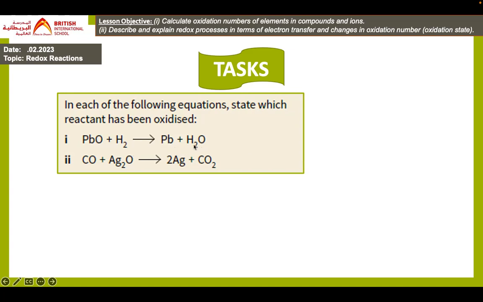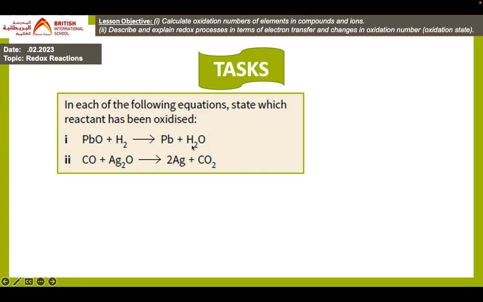And hydrogen is gaining oxygen, so hydrogen is getting oxidized here. Lead is getting reduced because it is losing oxygen, and hydrogen is gaining oxygen from the lead, so hydrogen is getting oxidized.